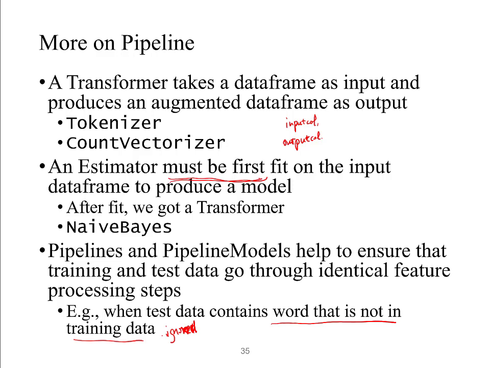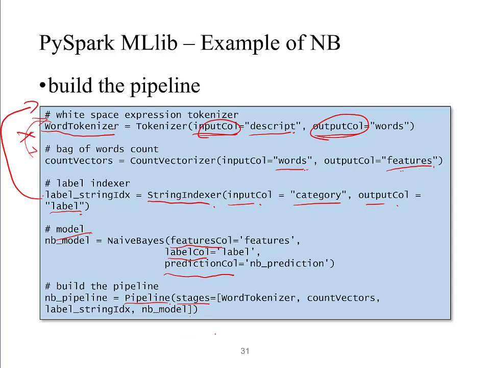Because if you don't fit, then you will generate different feature vectors for test and training data. And this is not just about whether you contain a new word or not. It will actually affect the feature vectors, and the index of the words.